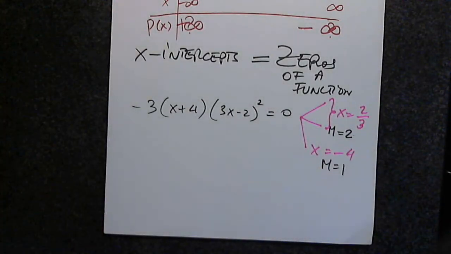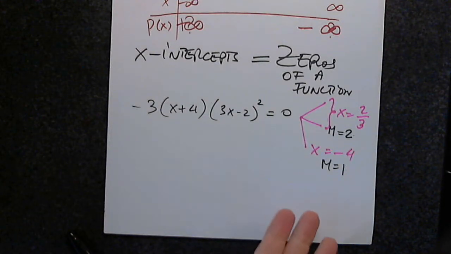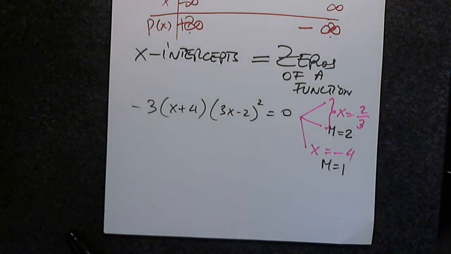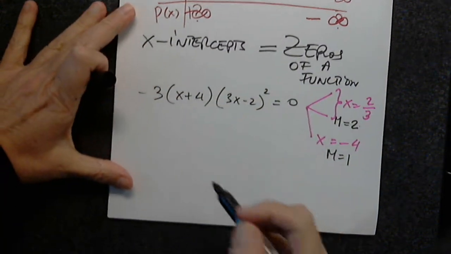Okay, why are these multiplicities so important? One solution, negative 4, and 2 solutions, 2/3. So what? What does that mean? Here's the reason.